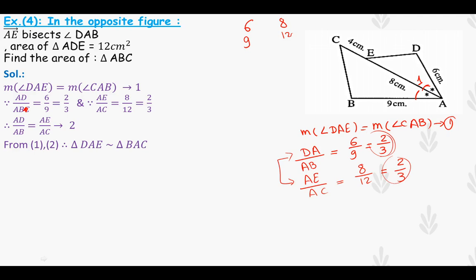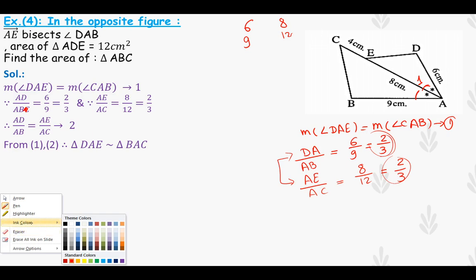Mister, how can we arrange the vertices of the triangle? Here we don't know the arrangement of the triangle. Here we have to write the corresponding vertices together. Okay? Let me explain it to you. Let's choose another color.